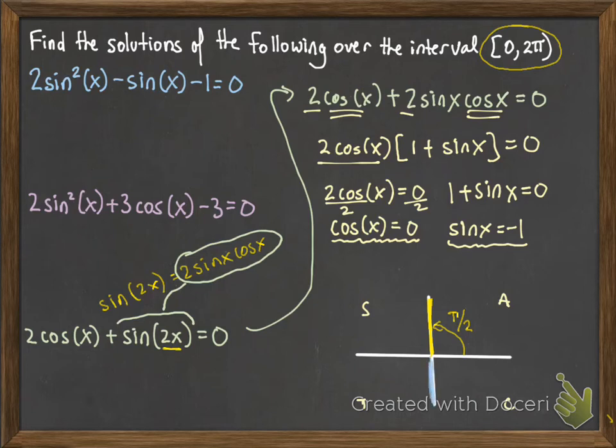And so this is going to work as well. So we'd have 3 pi over 2. Those are two angles that fall within our interval that are going to work for that first equation. So far, we have x equals pi over 2, comma, 3 pi over 2.